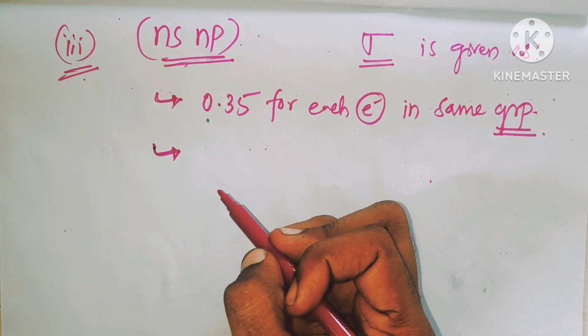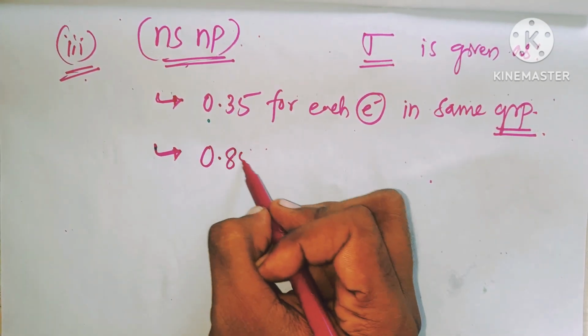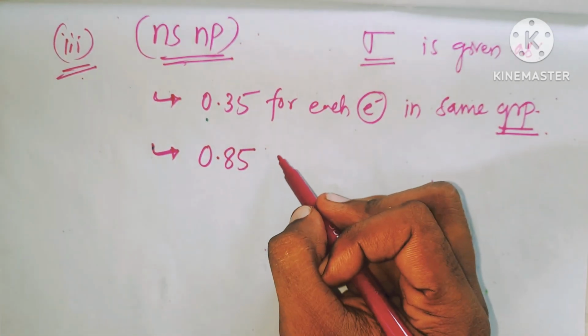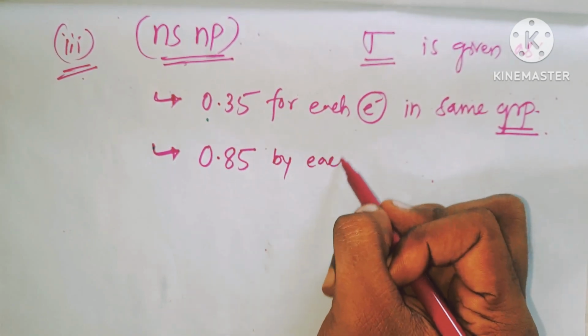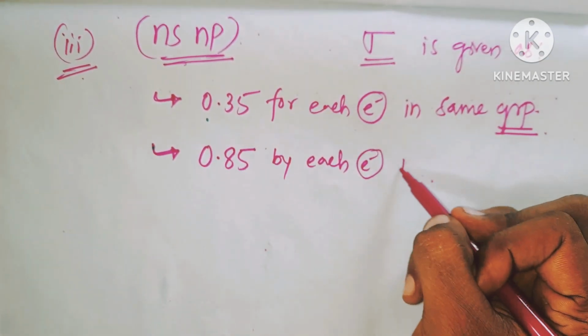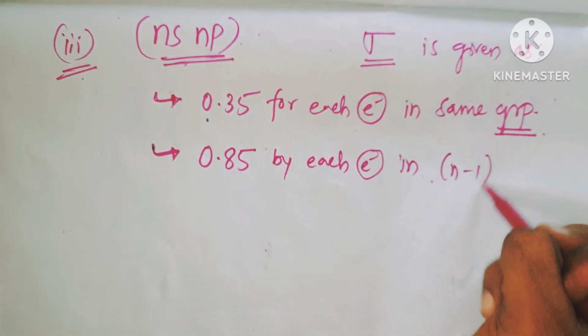Another rule is 0.85 for each electron in the n minus 1 shell.